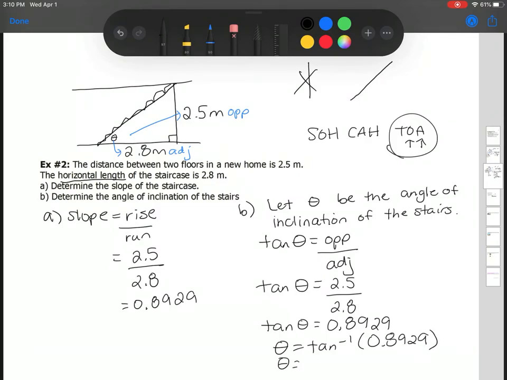Your calculator might also have an answer button, which you can use instead of retyping in the number every time. But again, that would require that you had a pretty good knowledge of your calculator. So if you don't know how to use your calculator, don't try to use shortcuts, okay? So now we have the angle of inclination is 41.8, and then because it's a word problem, we're going to write an answer statement.